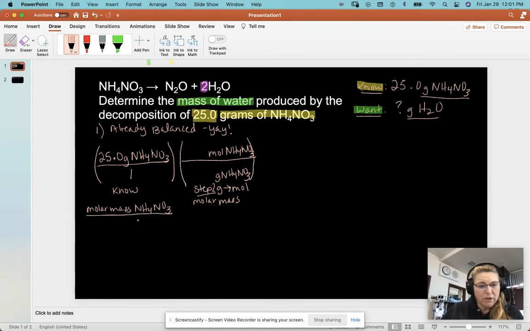So as we've talked about previously, whenever we find the molar mass, we want to write down the elements that we have in that compound. So the first element we have is nitrogen. Next, we have hydrogen. Then we have nitrogen again, but since it's already written down, I don't have to write it. And finally, oxygen. Now I'm going to figure out how many atoms I have of each of those elements.